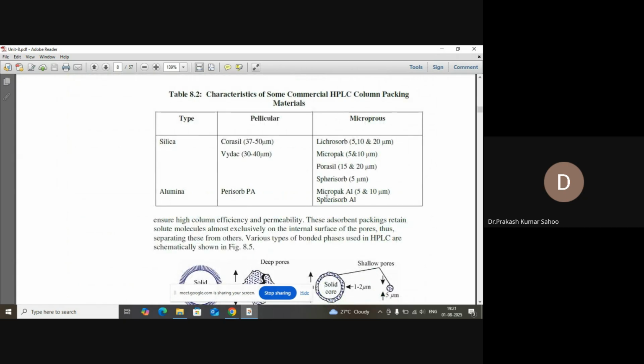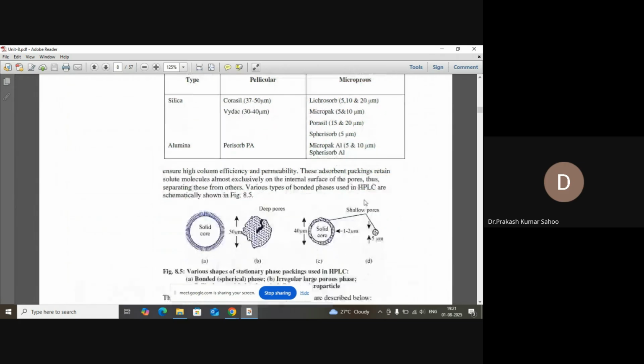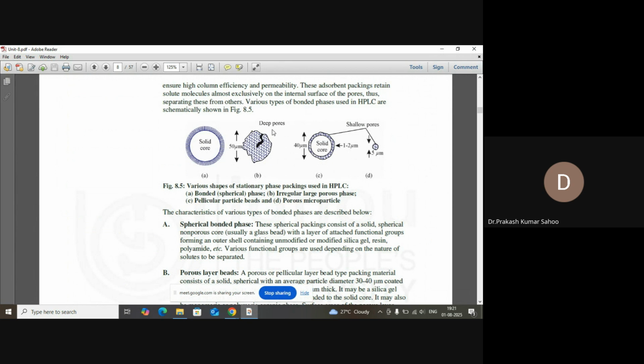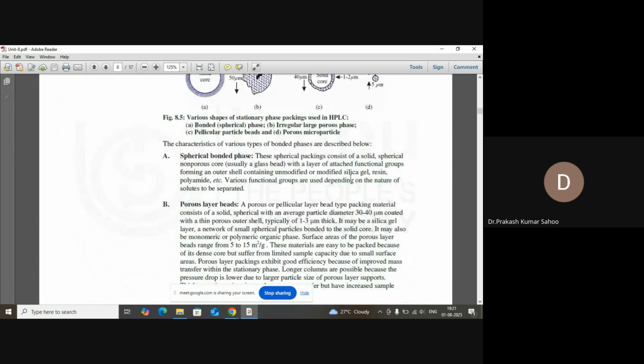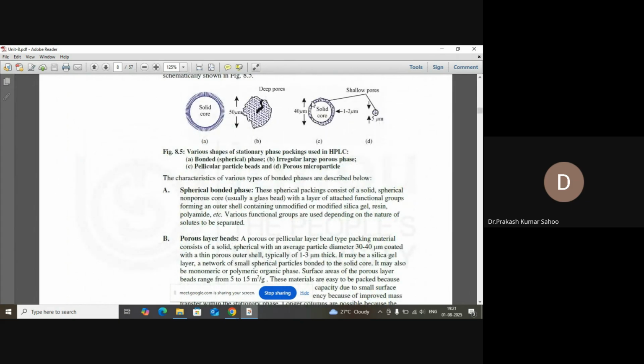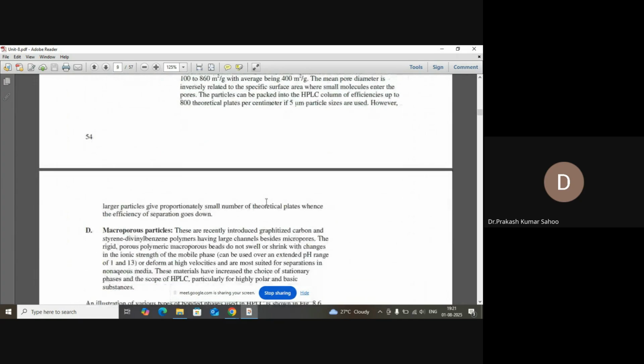So these are just the bonding or packing materials we have, silica and alumina. Just try to remember the three materials here. Then this is a solid core, deep pores. Spherically bonded phase, porous, this is the porous one, and porous particles are also there.